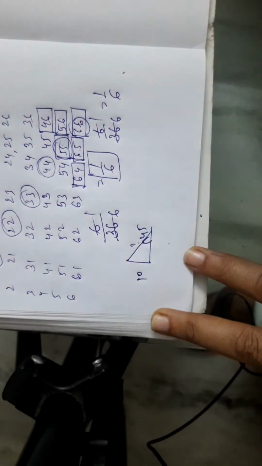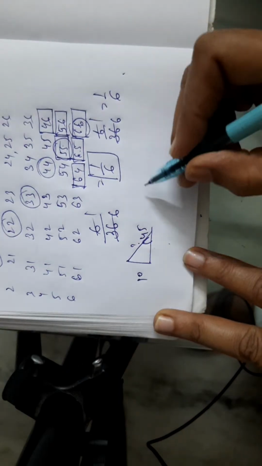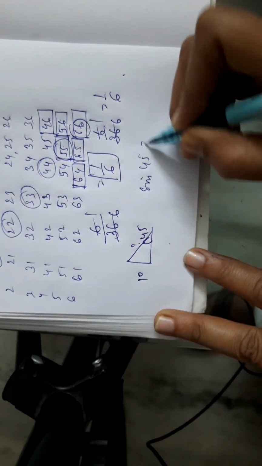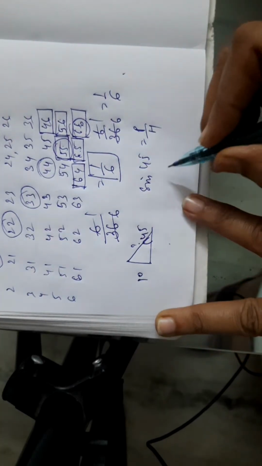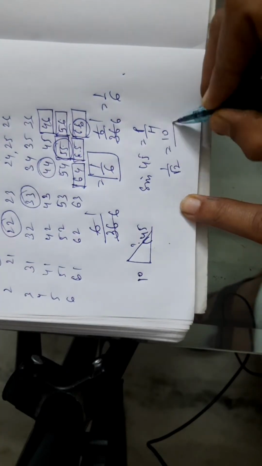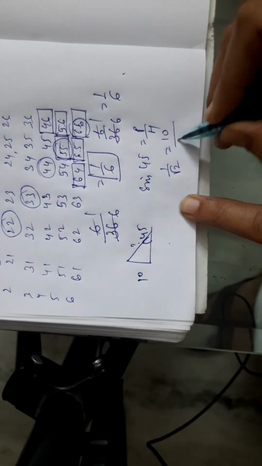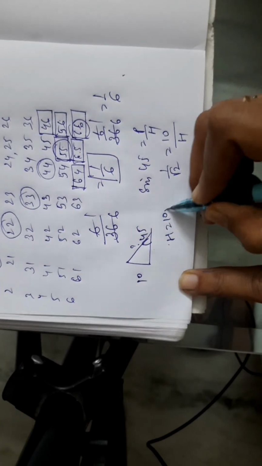So this is the question mark. Perpendicular and hypotenuse come in sine relation. Sine 45 is P by H. Sine 45 is 1 by root 2. P is given 10, H we need to find. Cross multiplication, so H is 10 root 2.